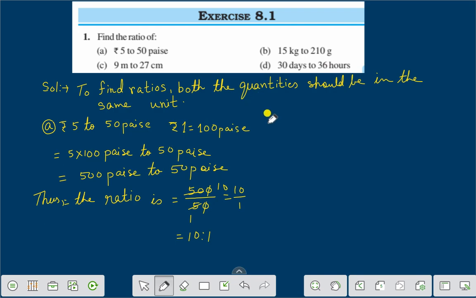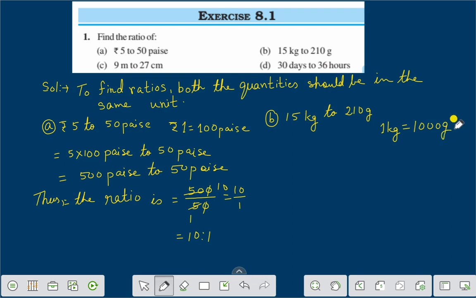Now question number B. Question number B is 15 kg to 210 gram. We know that 1 kg is equal to 1000 gram.